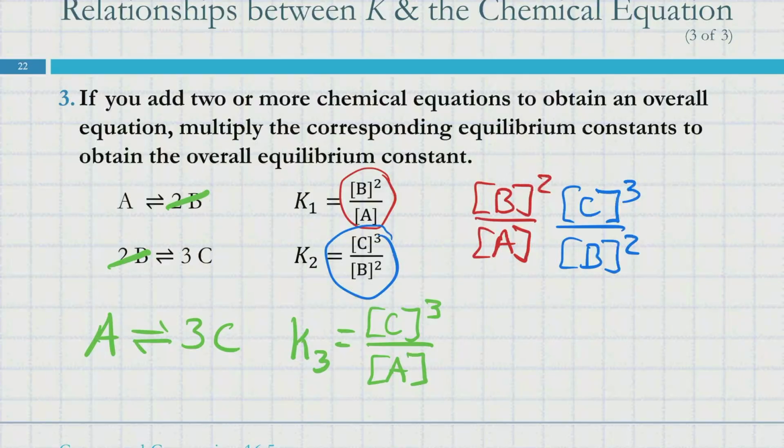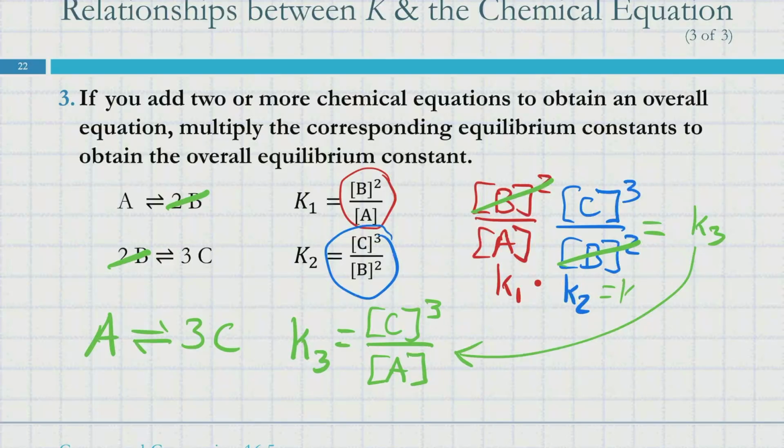We can see that the B squareds canceled out. And we get back K2. So K1 times K2 equals K3, our new equilibrium constant.